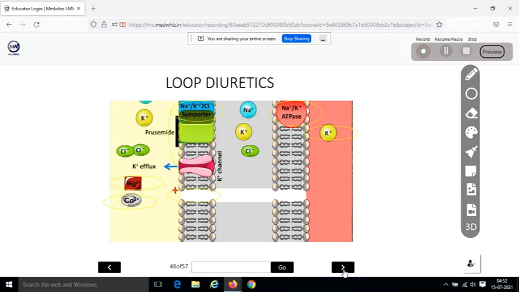Like carbonic anhydrase inhibitors, furosemide and bumetanide are sulfonamide derivatives. They have a carboxyl group with a sulfonyl moiety in the meta position. In sulfonamide allergic patients, care has to be taken.